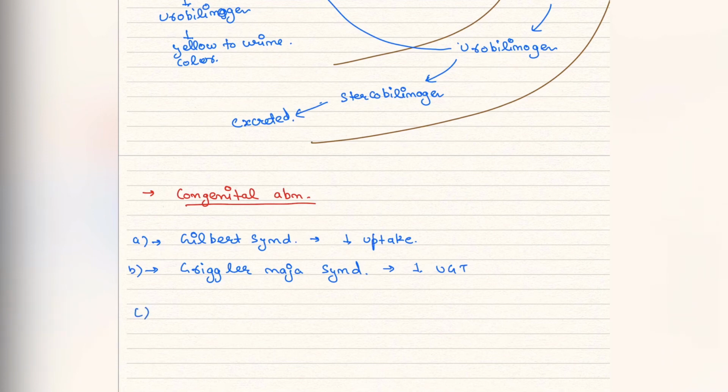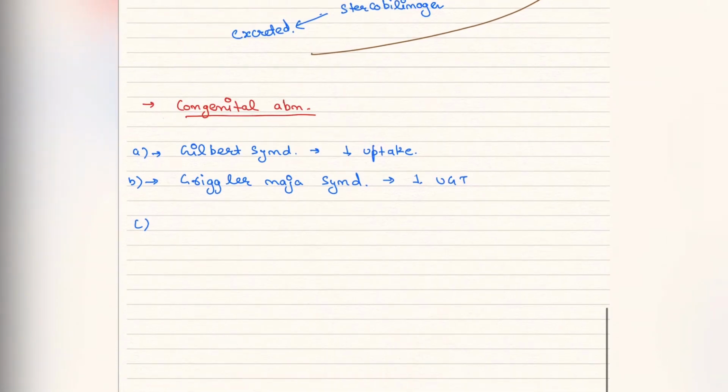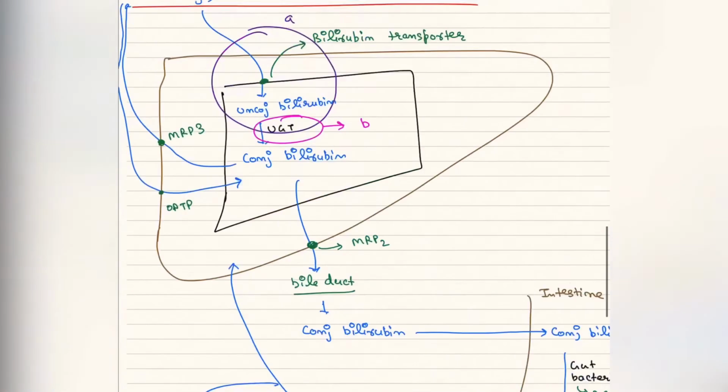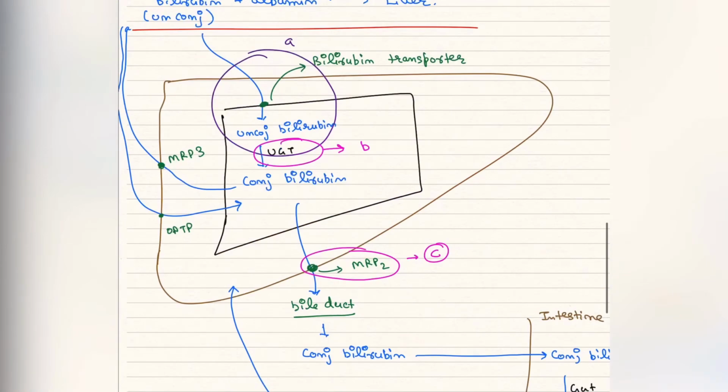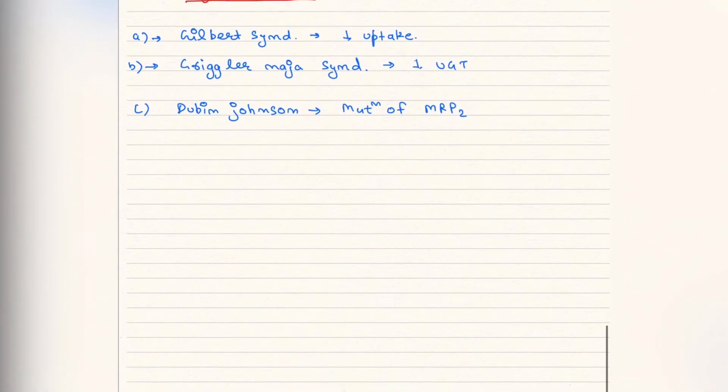Now the third one we are going to discuss is Dubin-Johnson syndrome. In Dubin-Johnson there is a mutation of MRP2. If this mutation happens, it can lead to Dubin-Johnson syndrome. Because of that, conjugated bilirubin will be formed but is not going to be released, so the serum levels will be increased.